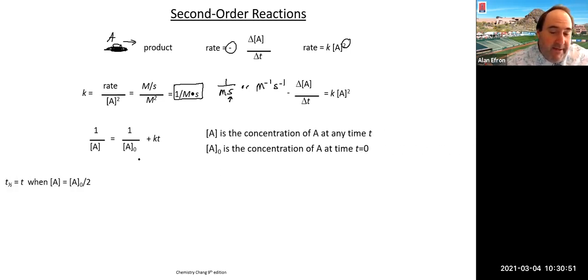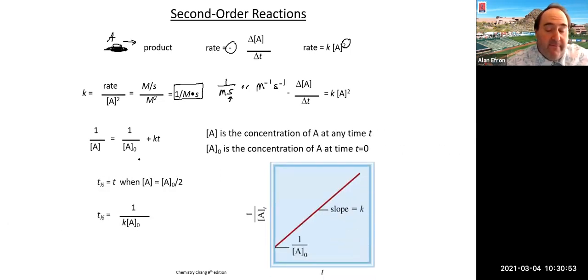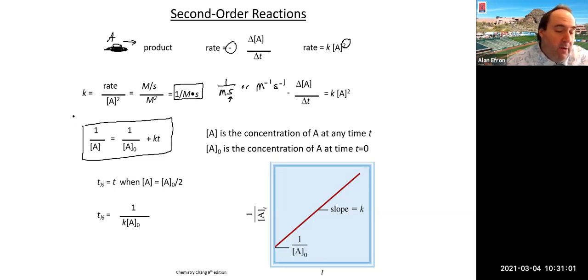In addition, there is also an integrated rate law for a second order reaction, and that is 1 over A is equal to 1 over A naught plus KT. We also see that unlike the first order, a second order reaction has a different half-life, which is equal to 1 over K times the initial concentration.